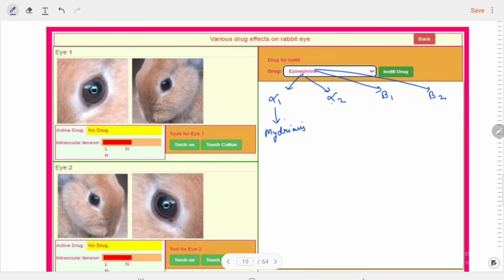Alpha 2 is present in the ciliary epithelium and in the trabecular meshwork, both places. And what is the function of the alpha 2? It will activate the Gi subunit and cause a decrease in the production of the aqueous humor.